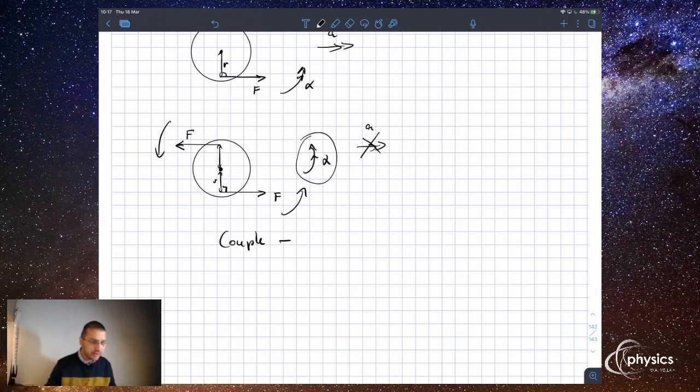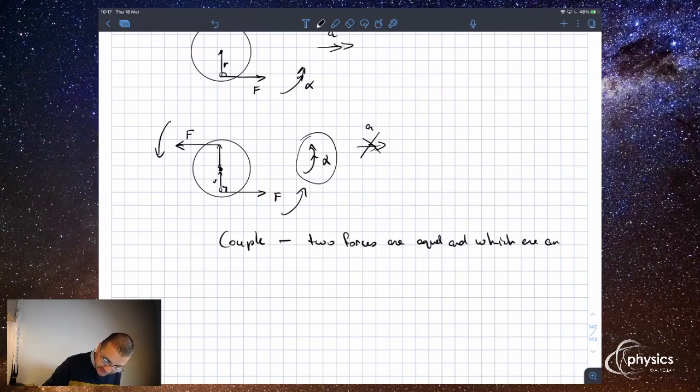The definition of a couple is two forces which are equal and anti-parallel. Anti-parallel means that they are parallel to each other but pointing in opposite directions. And that is a couple. So if you apply a couple, you will have only angular acceleration without any linear acceleration.